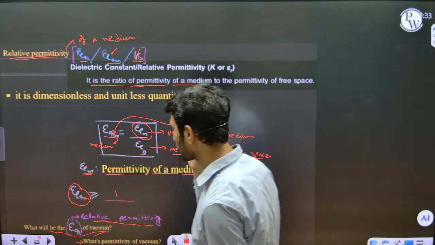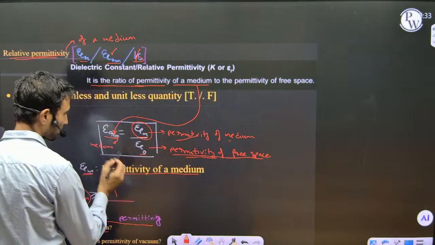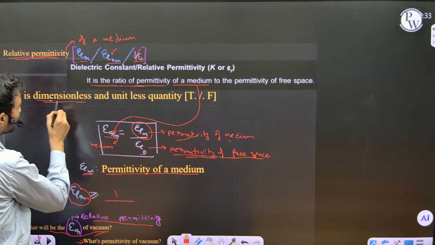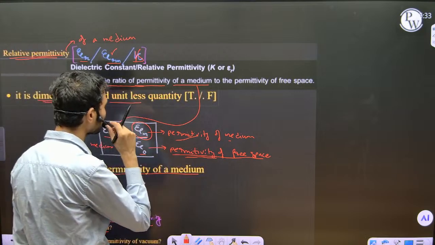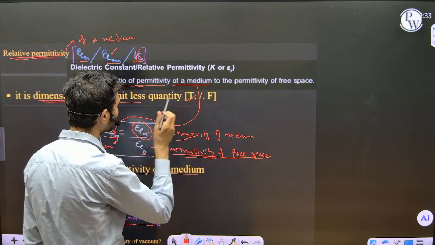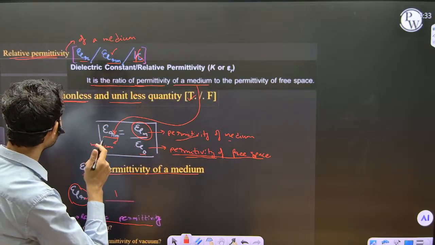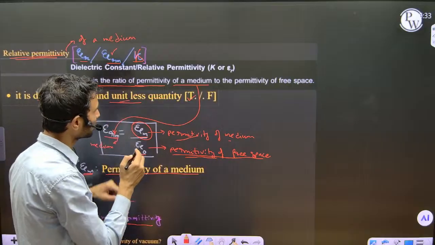Also, what can you say about the dimension? Is relative permittivity a dimensionless and unitless quantity? The answer is true. Why is relative permittivity dimensionless and unitless? What is the reason?